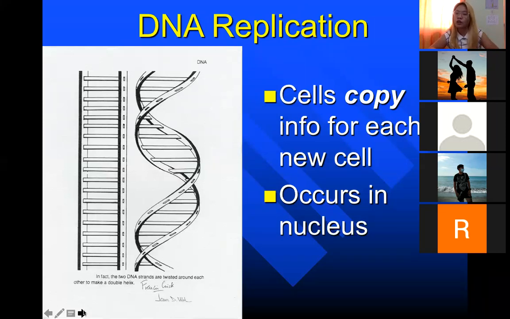So DNA replication pa rin ang ginagawa nila. Okay? And specifically, DNA replication happens in the nucleus. So important to kasi later on we will find out that transcription and translation actually does not happen inside the nucleus. So only DNA replication happens inside of the nucleus.